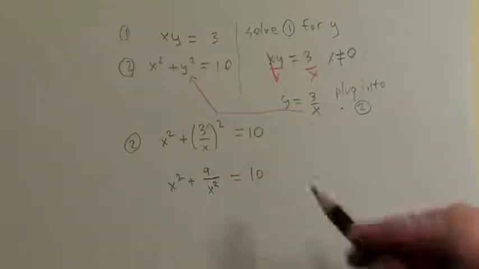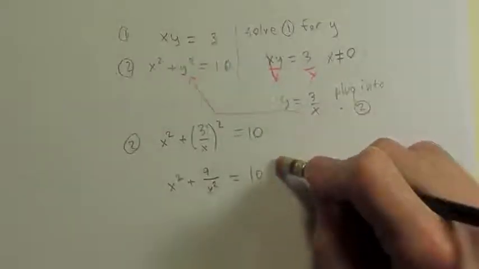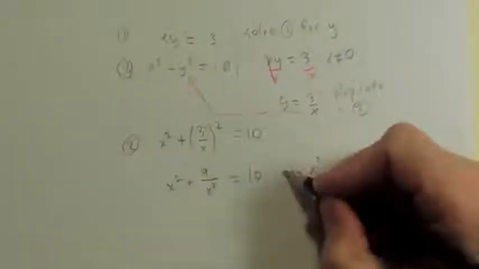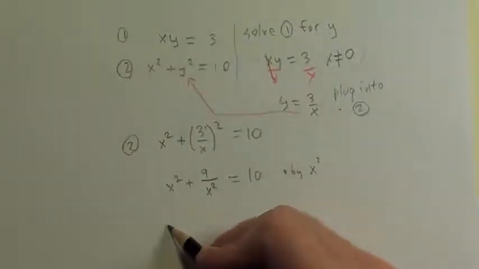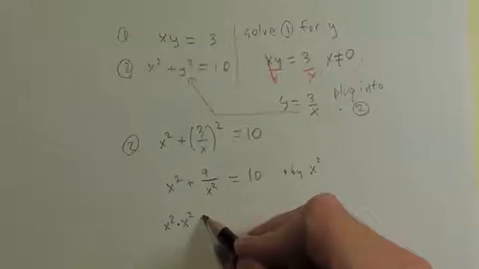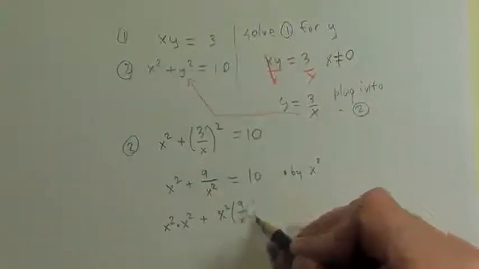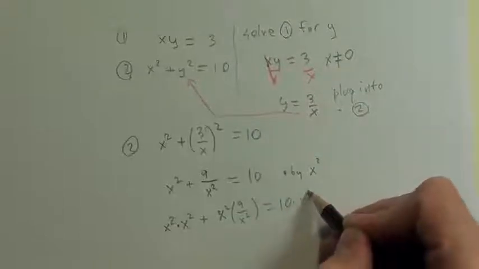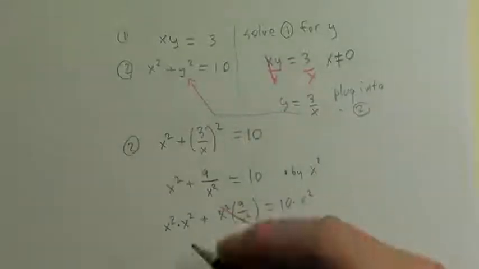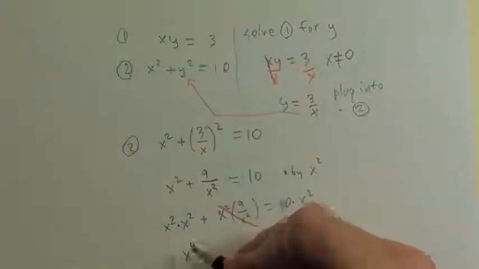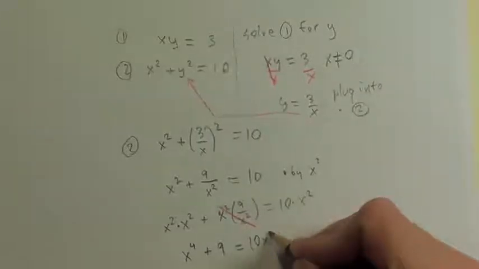In this case, we only have the one denominator, so we'll multiply by x squared. So what ends up happening is you get x squared times x squared plus x squared times 9 over x squared is equal to 10 times x squared. So that your x squareds here cancel. And so what you have is now x to the 4th plus 9 is equal to 10x squared.